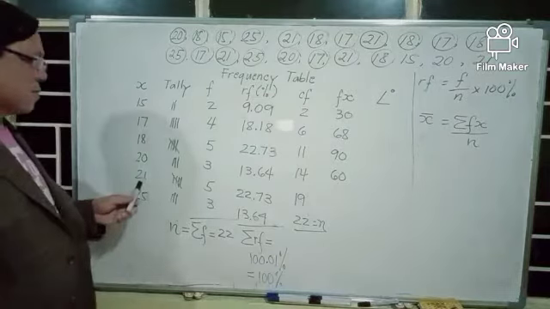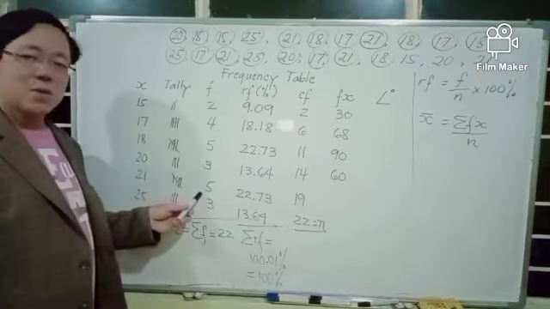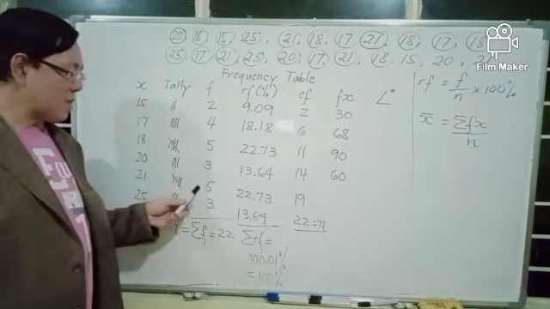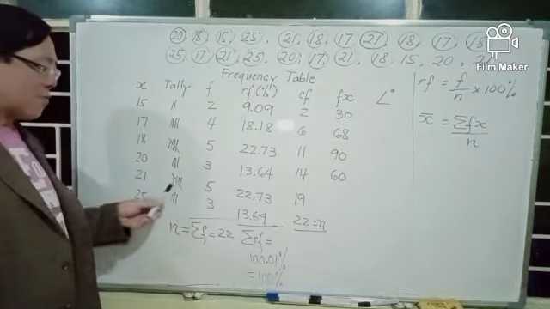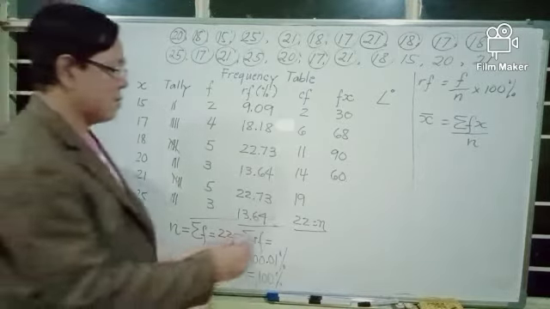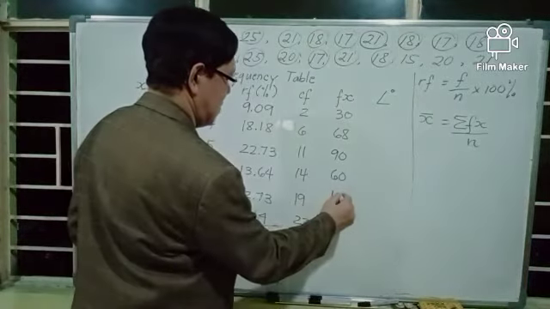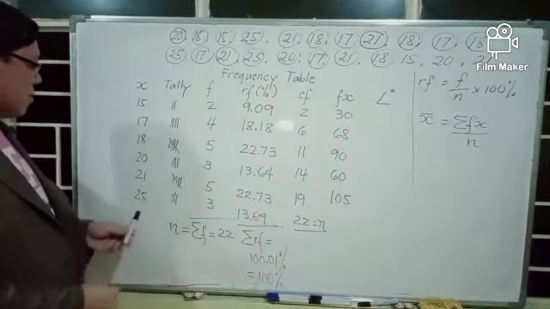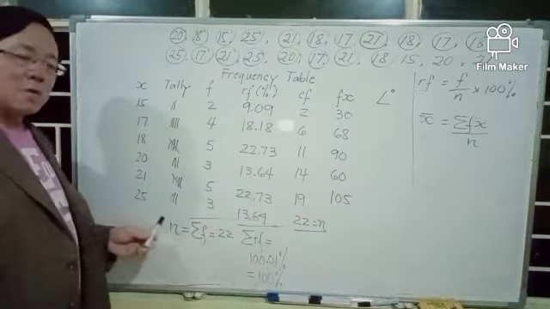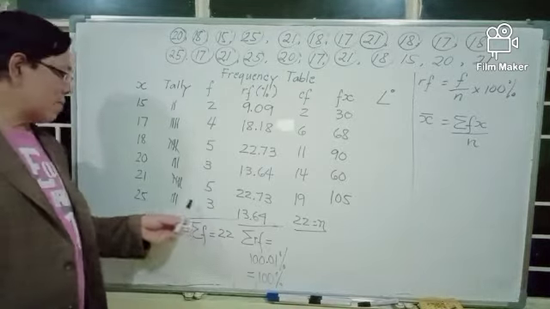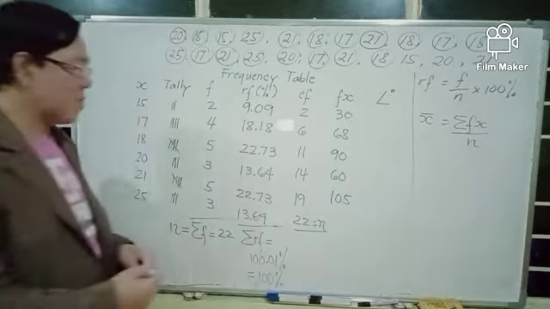Next, we have score of 21 with 5 students. 5 multiplied by 21 is 105. And lastly, we have 25, and there are 3 students with score of 25. We multiply 3 by 25 and we get 75.